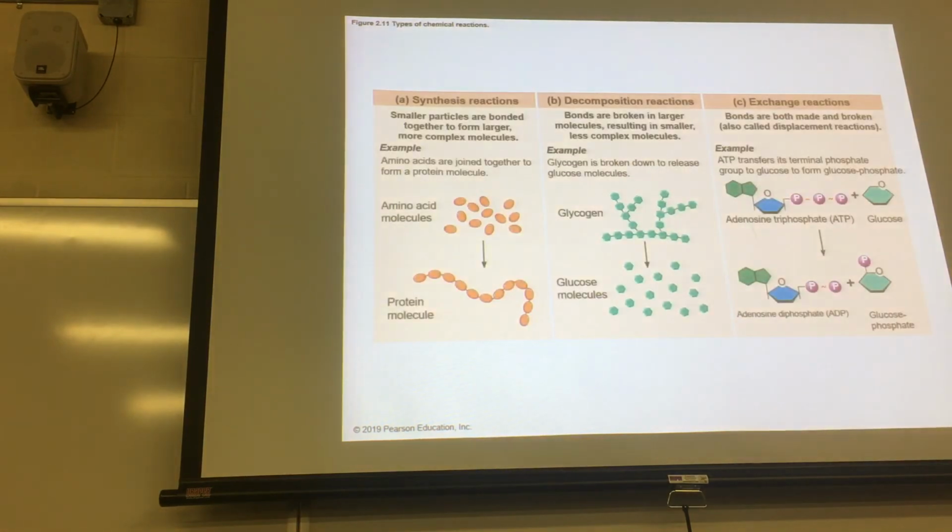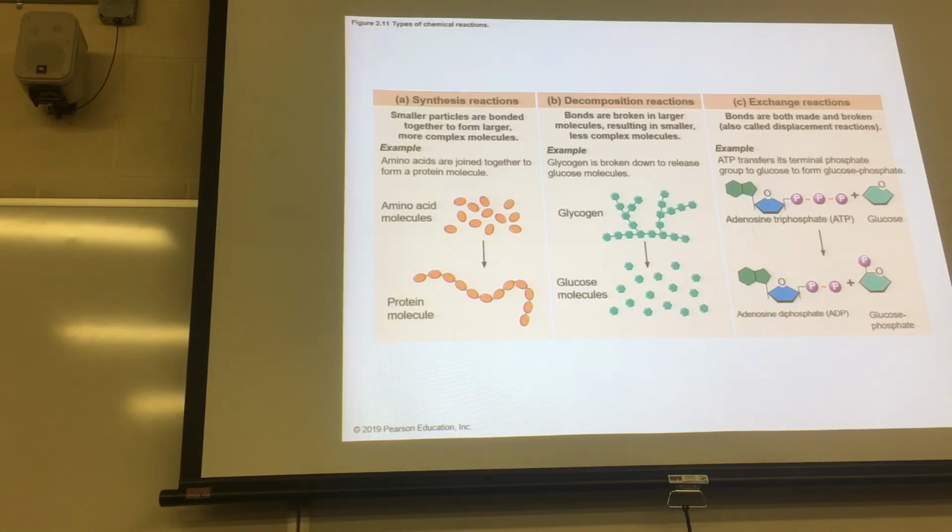Alright, so now we talk about reactions. So you can see the decomposition of these reactions. What the body's going to do is take simple molecules and create bigger molecules, but the bigger molecules can also be broken down.